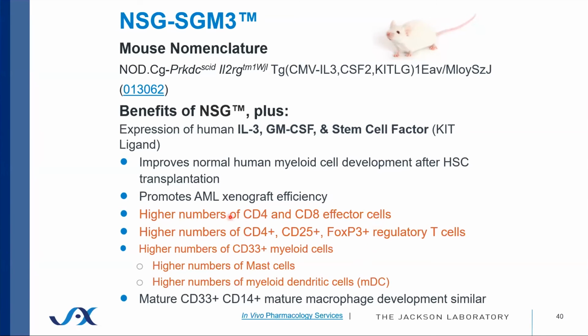But I just want to point out that these differences are donor dependent as well. So the degree of difference that you see will depend on the donors you're using. So the differences between the NSG and the NSG SGM3 mice engrafted with the same donor, to be clear, may be more or less pronounced depending on the donor that you're looking at.